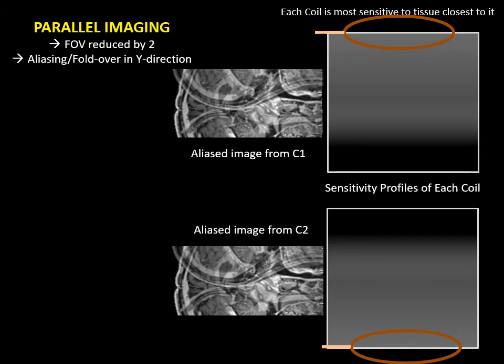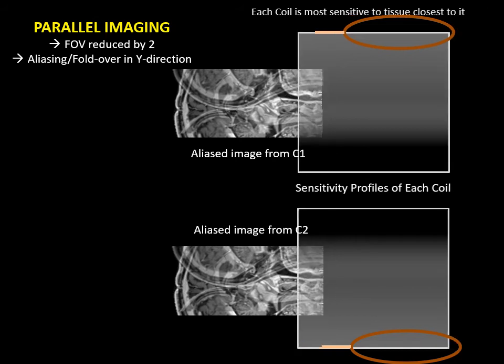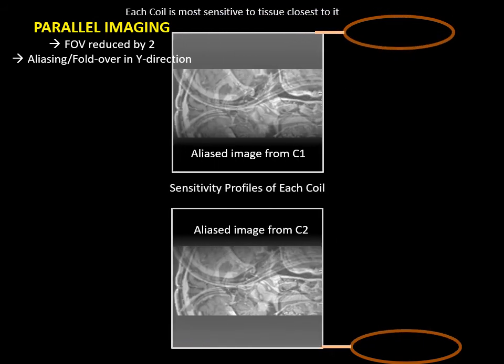So with coil 1, within the field of view closest to it, the pixels are whiter, and within the field of view furthest from it, the pixels are blacker. The opposite is true for coil 2, which is illustrated at the bottom of the image. So this shading influences the pixel values at every location within the aliased image from coil 1 and within the aliased image from coil 2.